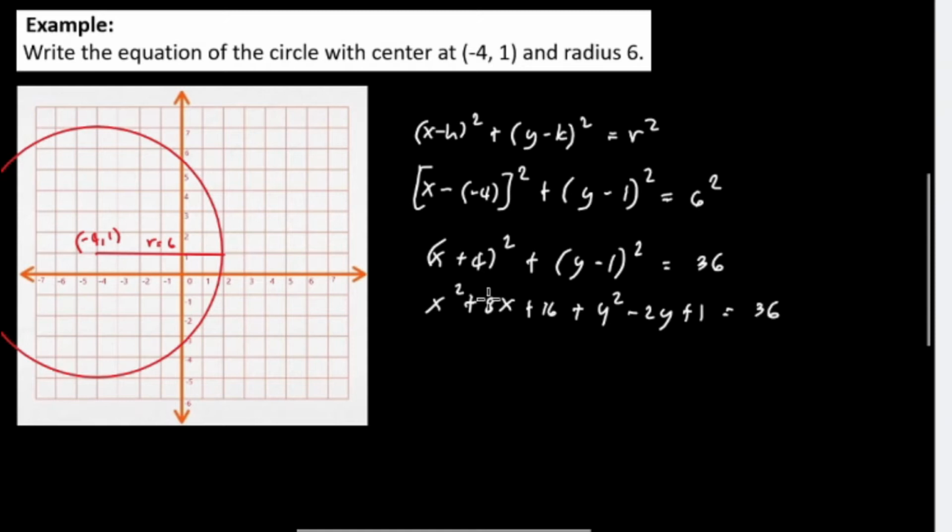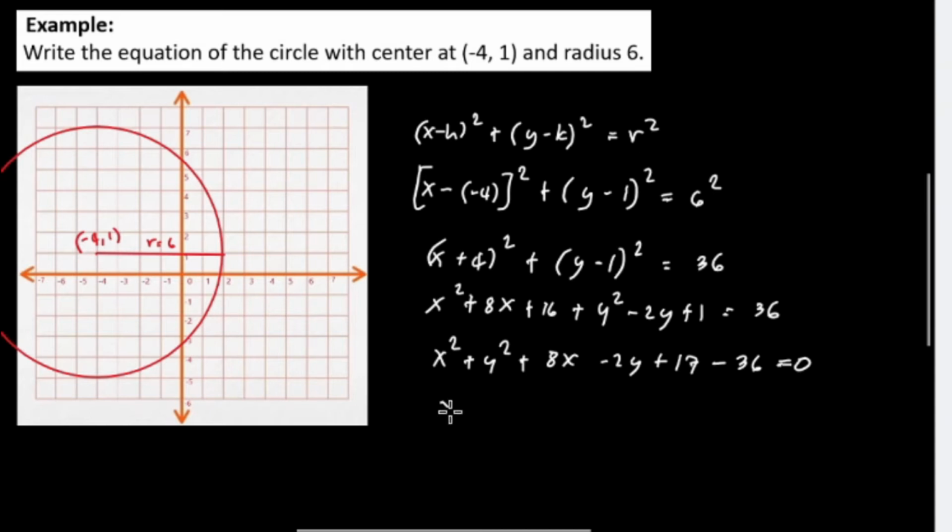Using the standard form of the equation of the circle, that's x squared plus y squared plus 8x minus 2y, and 16 plus 1, that's 17, and 36, transpose that to the left, that's negative 36, and equate that to 0.